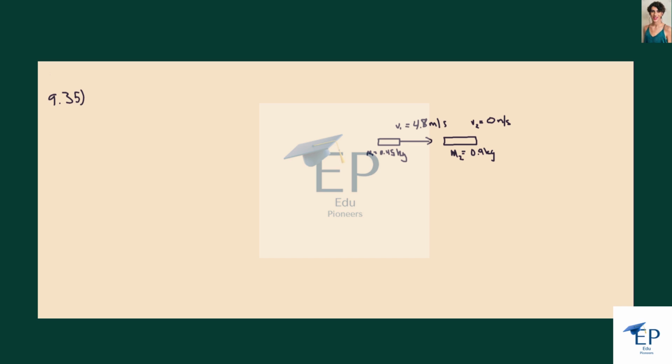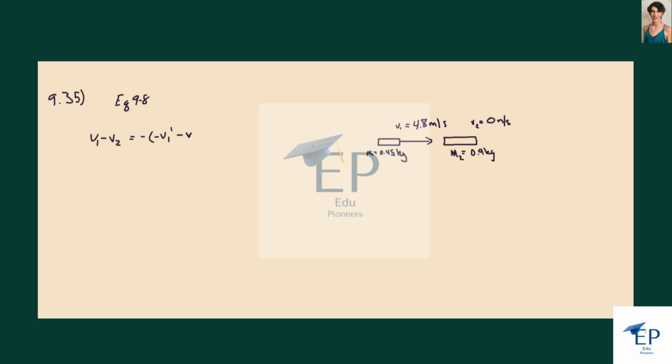Okay, so we can use equation 9.8 in the book, and this will give us a relationship between these velocities. So what this tells us for a perfectly elastic collision is that V1, the velocity of our first puck, minus V2 needs to equal negative V1 final minus V2 final.